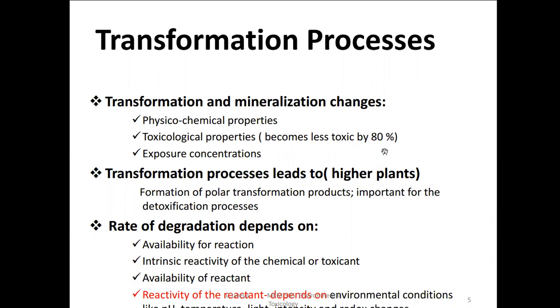Because I felt it's important to understand when you say intrinsic reactivity of a chemical. Maybe just because when you say intrinsically motivated human beings, these are the human beings that can work on their own without supervision. An intrinsically motivated personnel is the one who's able to work without being pushed. So when you say intrinsic reactivity of a chemical, we're talking about the ability of that chemical itself to react in the absence of certain factors.